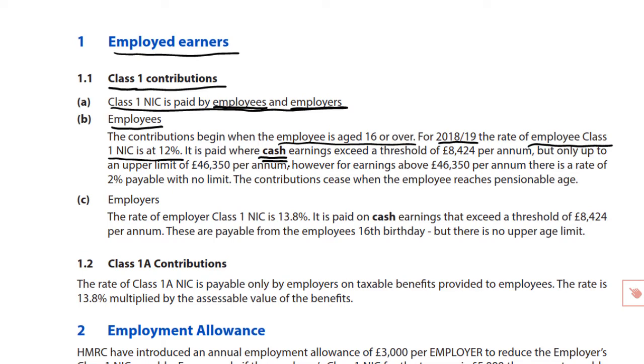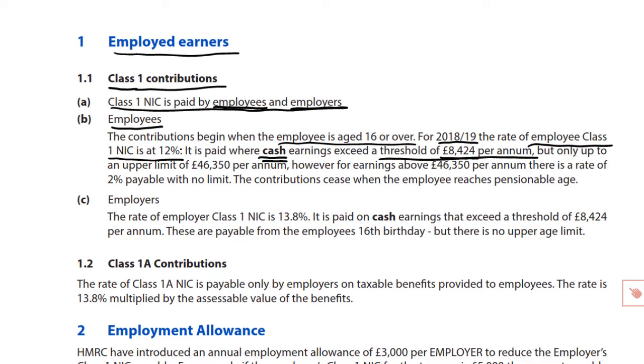So your salary, your wage, any commissions, any bonuses that are paid to you, that is where NIC comes into play. But we only start paying on our cash earnings once the earnings concerned exceed a threshold of £8,424 per annum.